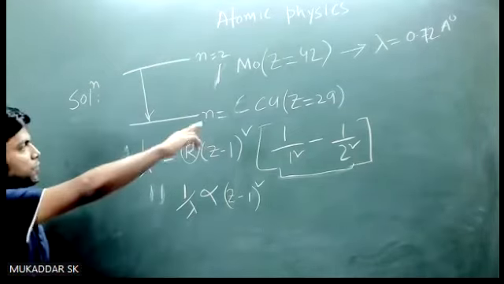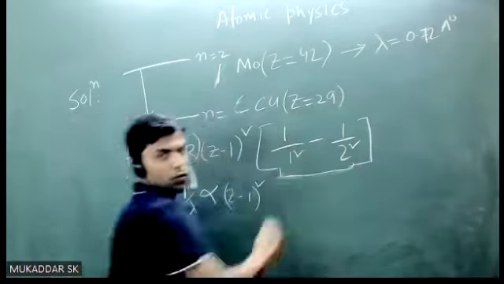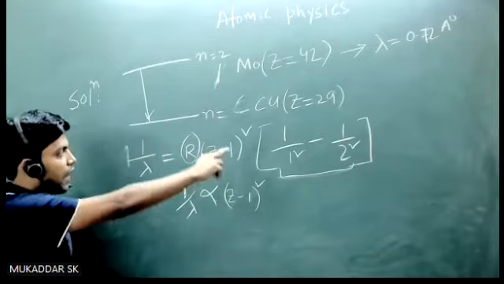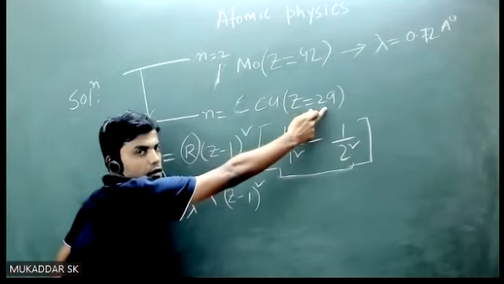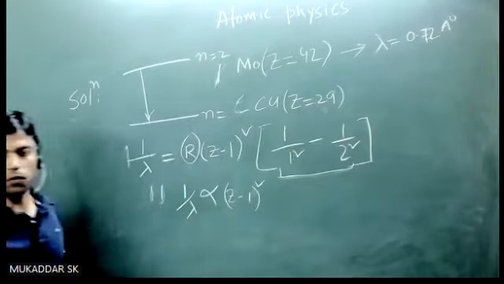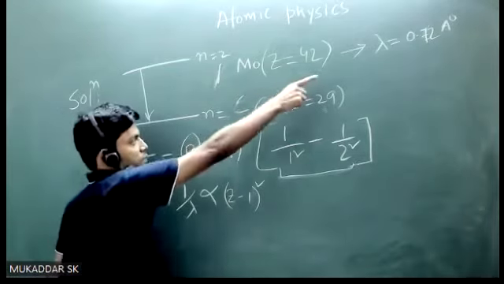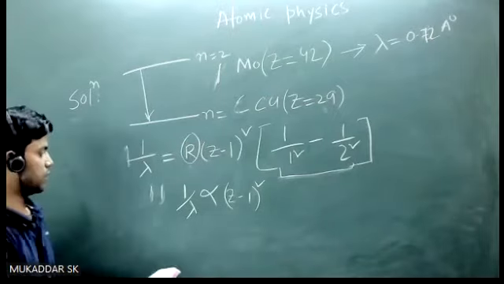Now you know for molybdenum Z and lambda, so you can calculate. And for the copper target, you know its atomic number but you don't know its wavelength. But with the help of this data, you can easily calculate. That I will calculate.